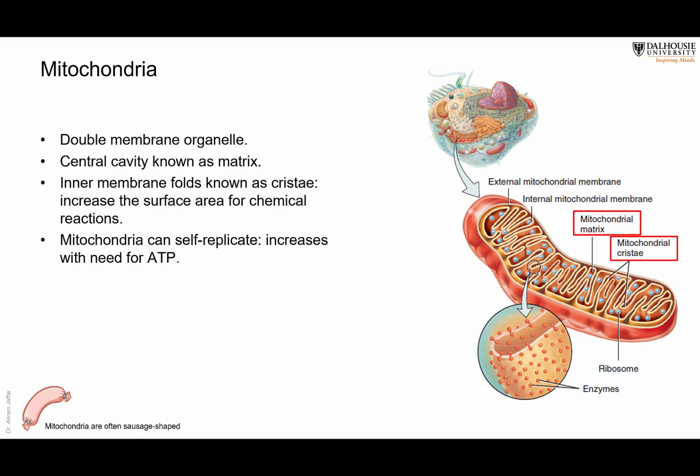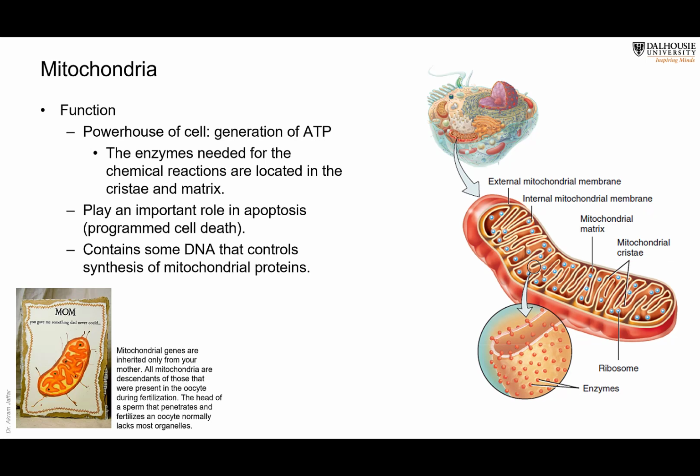These chemical reactions are needed to produce the ATP, the energy that is required for the cell. That's why they are considered the powerhouse of the cell, because they are the main site for generation of ATP, and the enzymes that are needed are present inside the matrix, and they work on these folds, which are called cristae.